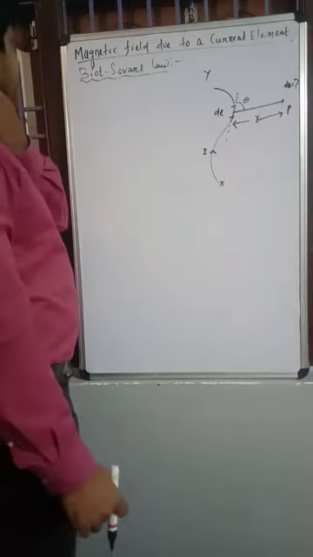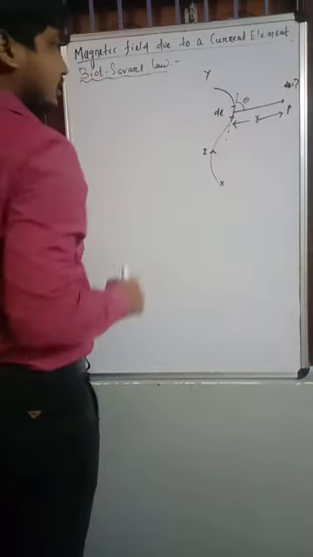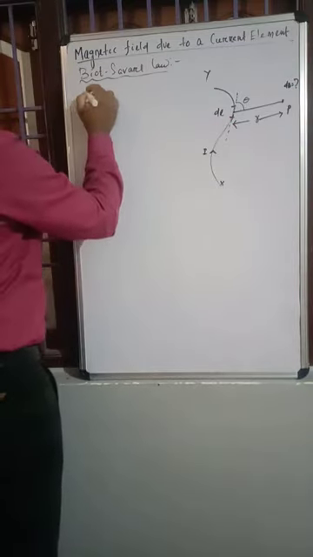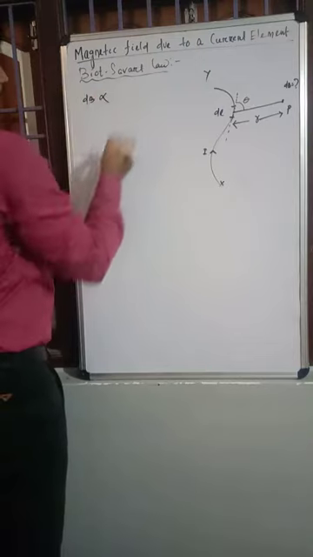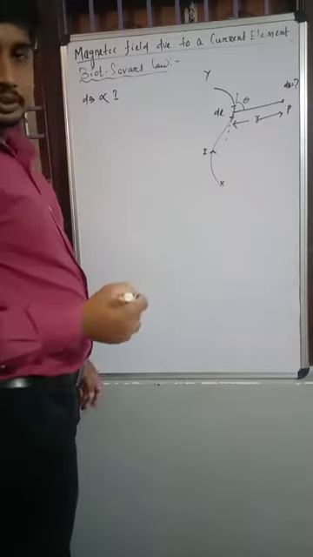So now, according to the Biot-Savart law, the magnitude of the magnetic field dB will be directly proportional to the current I flowing through the conductor.